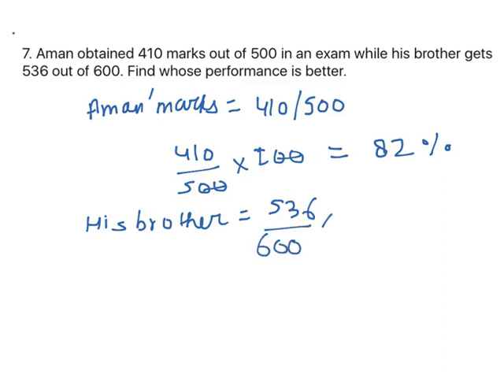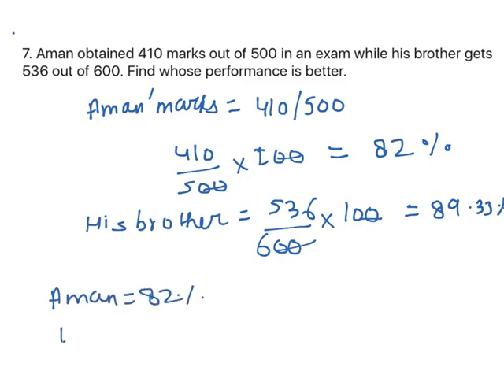Here also we will multiply by 100 to change into a percentage. So 536 divided by 6 will give us 89.333%. So it means Aman got 82% and his brother got 89.333%, so clearly his brother's marks are greater than Aman's marks. So that means his brother performed better in the exam than Aman.